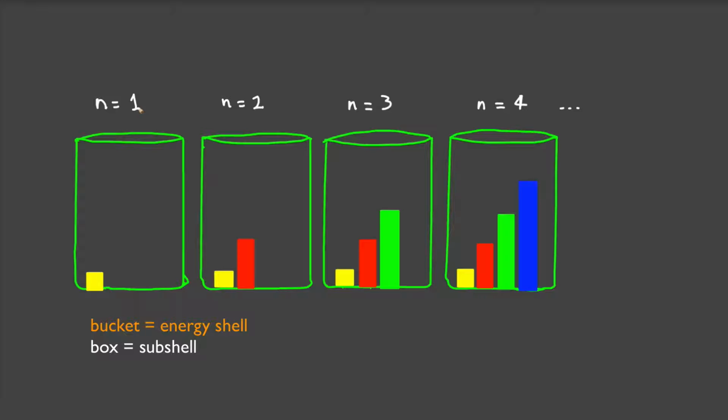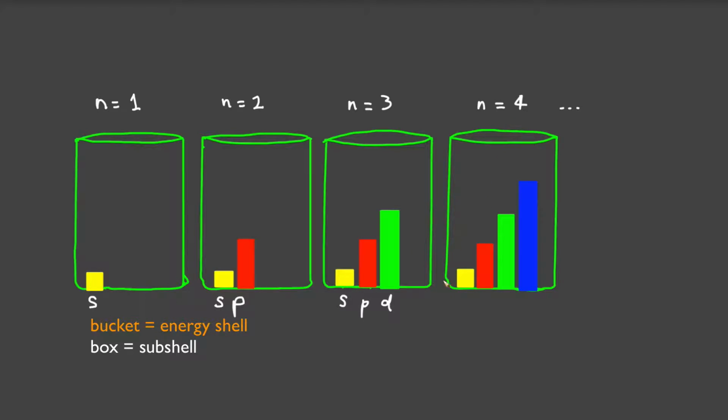The n equal 1 bucket has one sublevel, and that is an S. The n equal 2 shell has two sublevels, one S and one P. The n equal 3 has 3, an S, a P, and a D. And you can see I'm representing each of these sublevels with a different colored box.